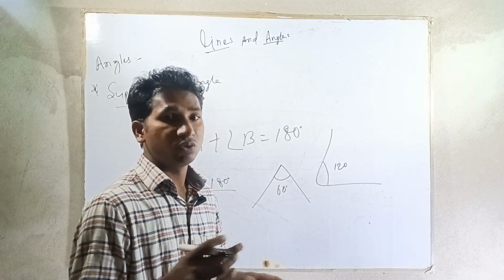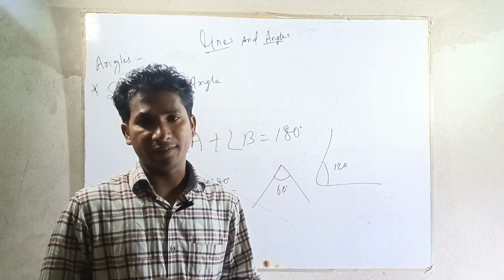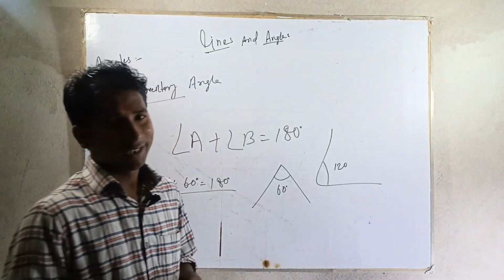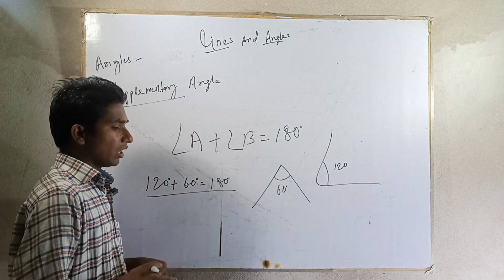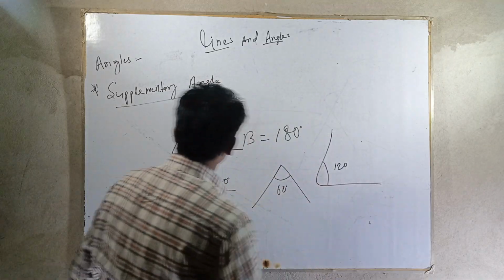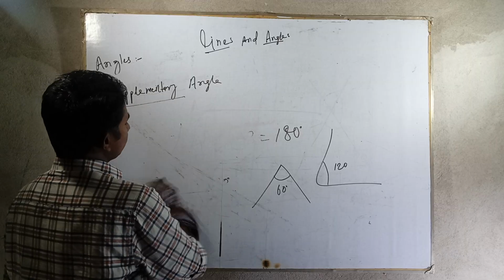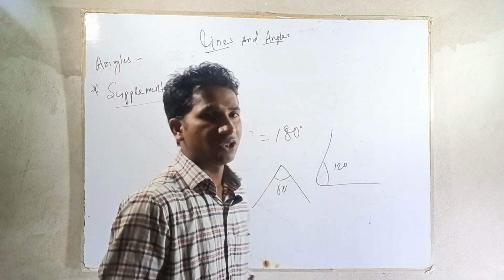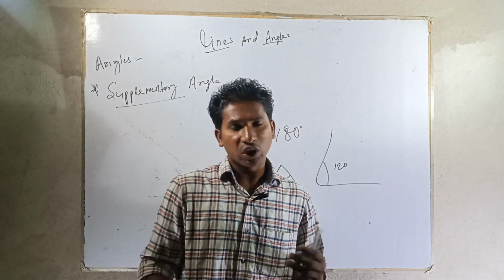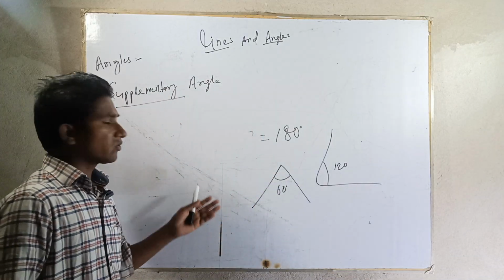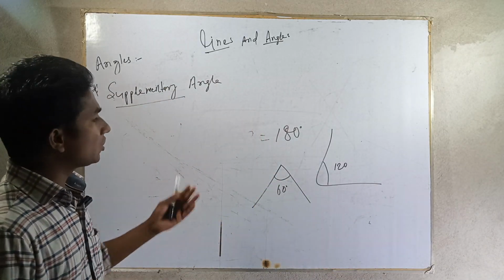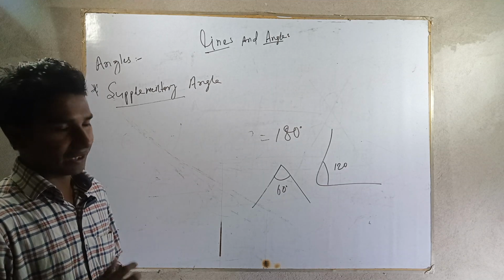If you have any doubt in this problem, please share in the comment section. I only want to share that you need to understand all these things. This is theoretical, and I'm not solving any types of question.